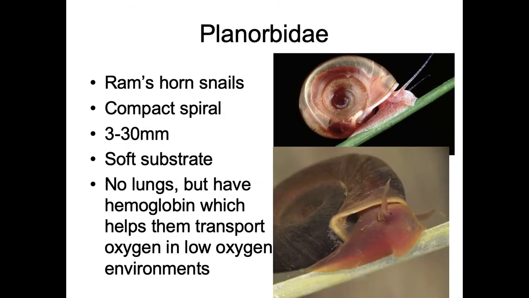So the first family is Planorbidae, also known as the ram's horn snails, because the shape of the shell is supposed to look kind of like a coiled ram's horn. They're usually about 3 to 30 millimeters in size, and they like soft substrates.